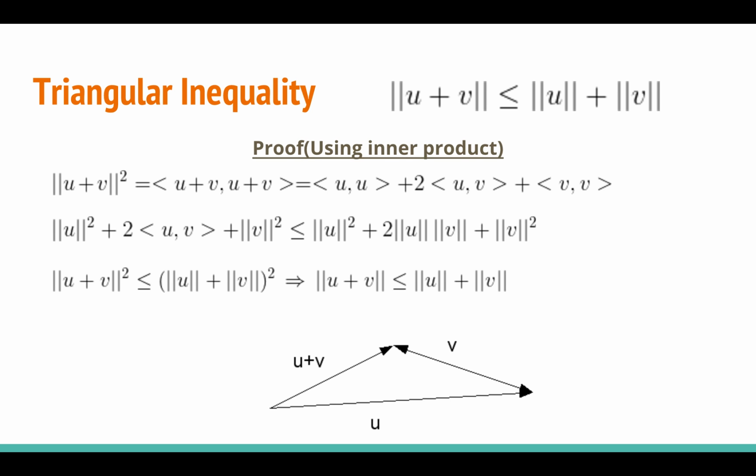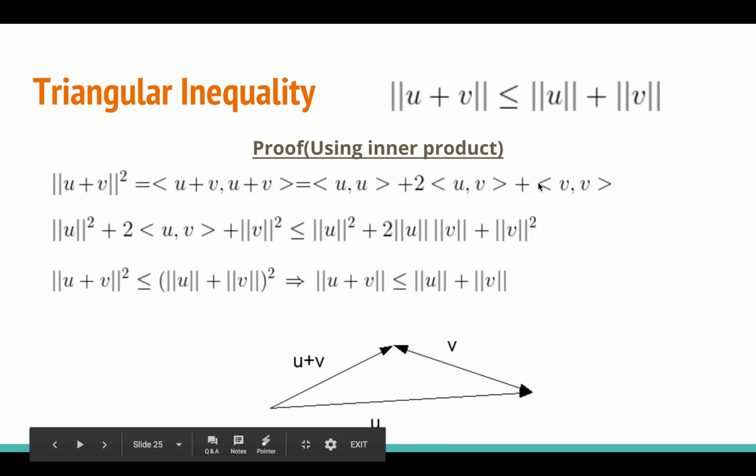Another thing we can also prove with inner product is the triangular inequality. The way they do it in the handout, and the way we do it here, is that we just take the magnitude of quantity u plus v squared, and then we use the inner product definition to expand it out, right? So we plug this in here. After, of course, squaring the magnitude of quantity u plus v is less than or equal to the magnitude of u plus the magnitude of v.